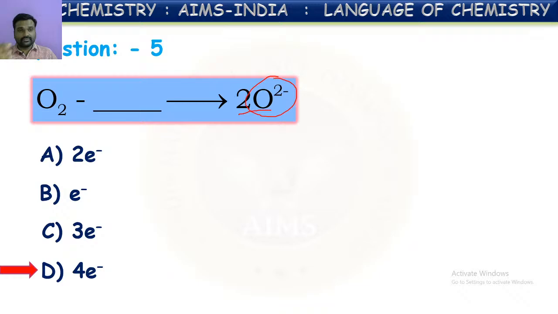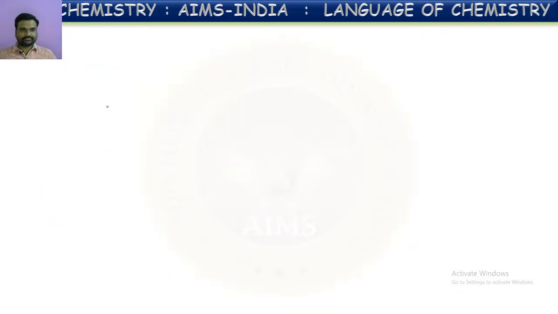The number of electrons should be gained, not lost. Now we can say, by the gaining of how many electrons are these 2 oxide ions formed? By gaining 4 electrons, because each oxide ion is formed by the gaining of 2 electrons from outside. 2 oxide ions are formed, hence the total number of electrons accepted here is 4 electrons. So D is the correct answer.